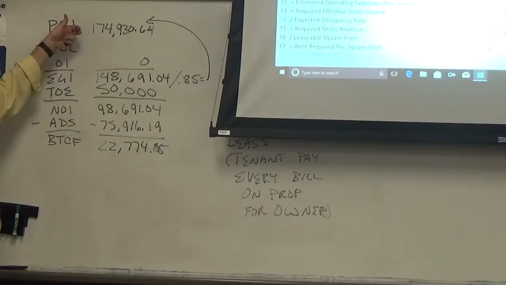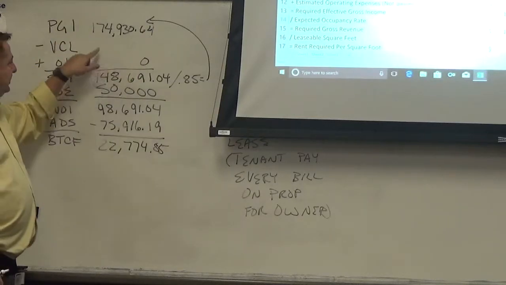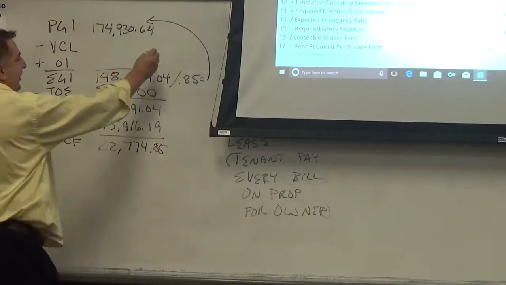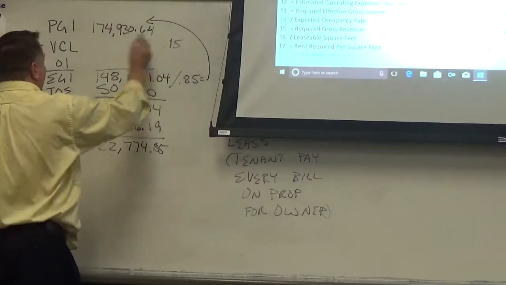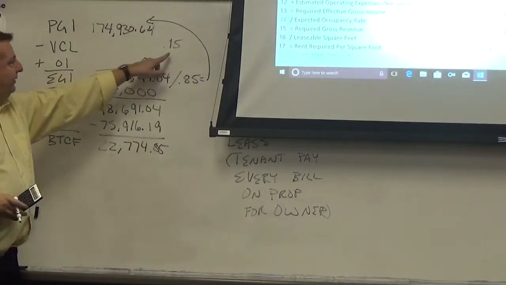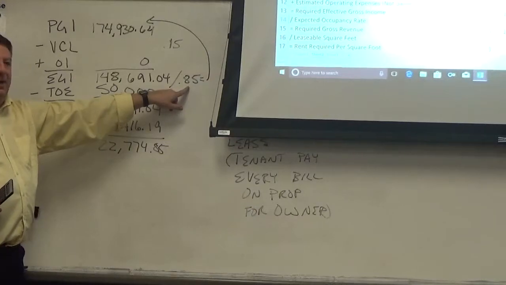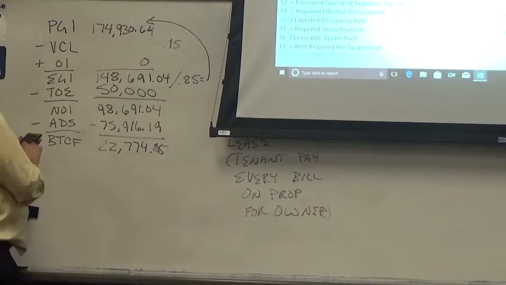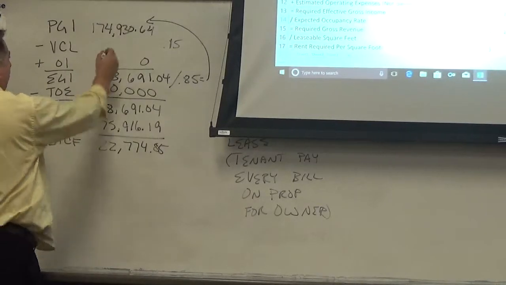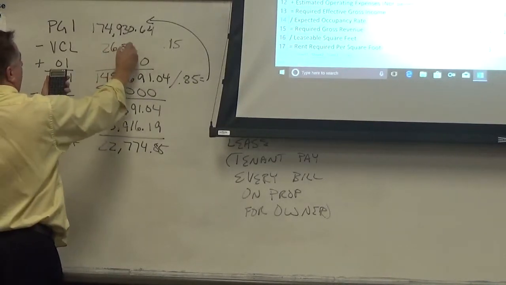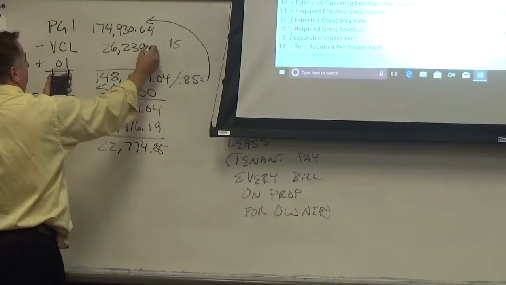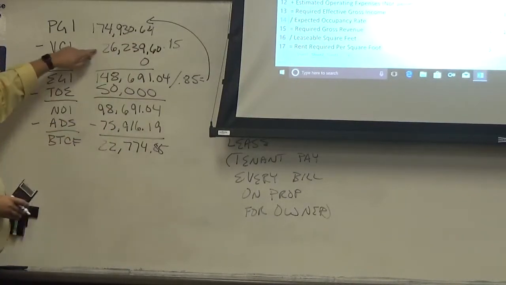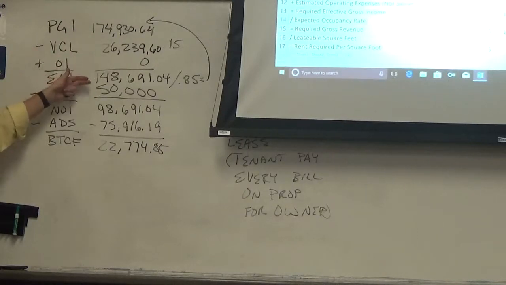Or we can take this times 1 minus the occupancy rate, because the vacancy and collection loss is 15% and the occupancy is 85%, so we should get 26,239.60. And if we subtract that out, it should give us this. Make sense?